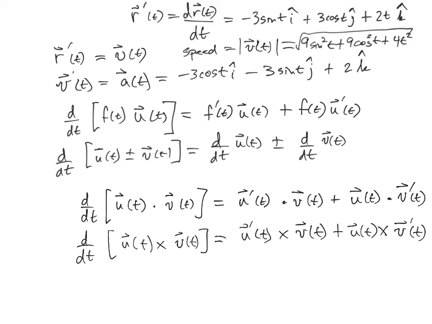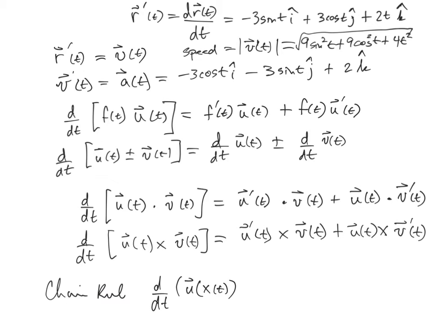Okay, let me just write the last one, which is the chain rule, because it's very important, and we'll end there. So the derivative with respect to time of a vector function, where the parameters of the vector function themselves are a function of some other parameter.